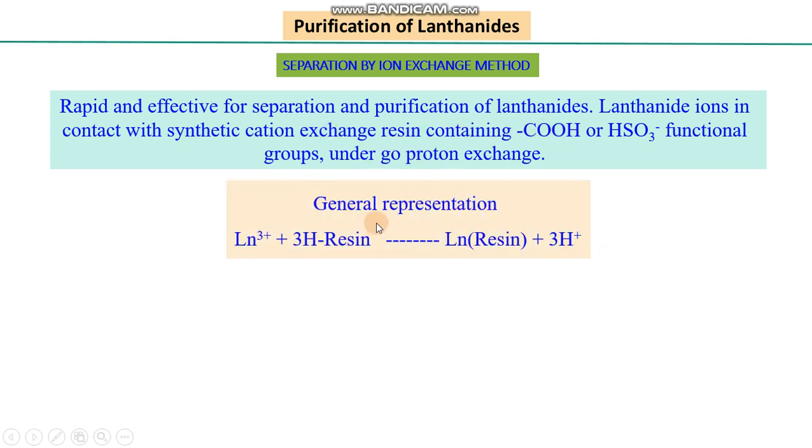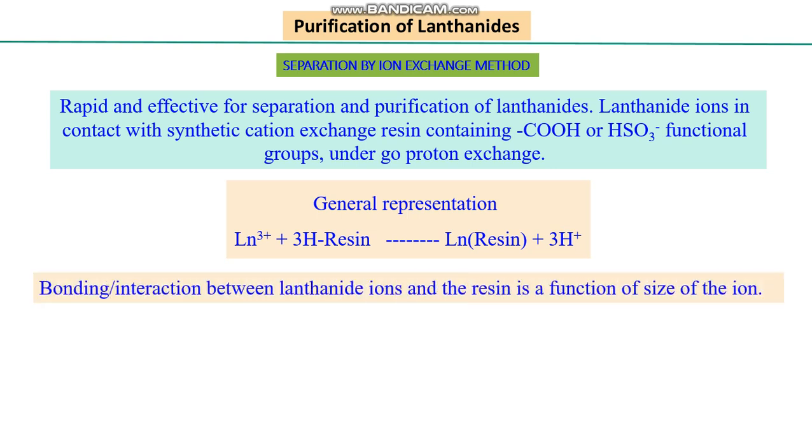So now this is a part of the resin, and that part is capable of exchanging three protons. Whenever a lanthanide is allowed to pass through this portion of the resin, three protons are exchanged and this lanthanide gets attached to the resin. So the lanthanide resin is obtained and three protons are obtained in solution, so they can be eluted or converted into other compounds accordingly as per the procedure. Bonding or interaction between lanthanide ions and the resin is a function of the size of the ion.